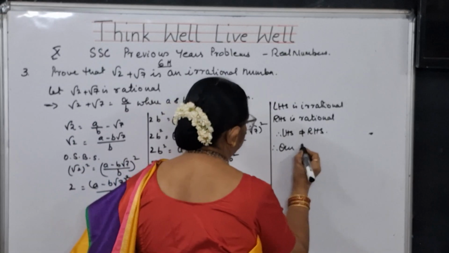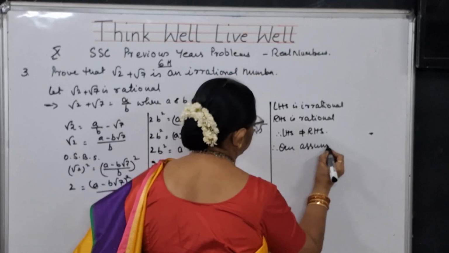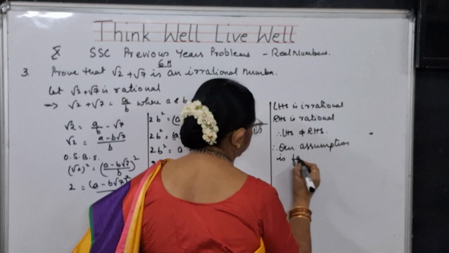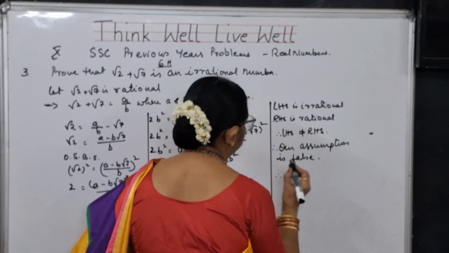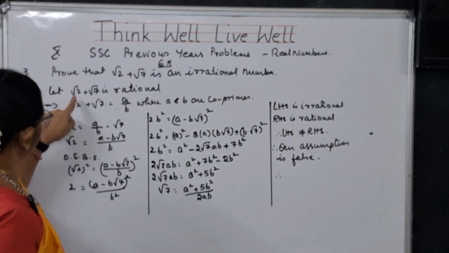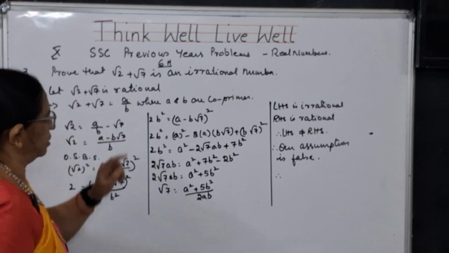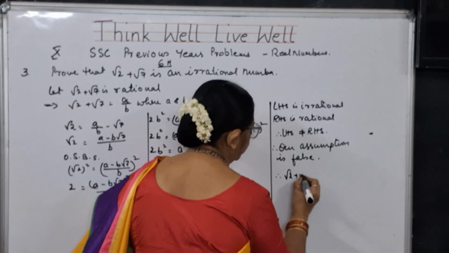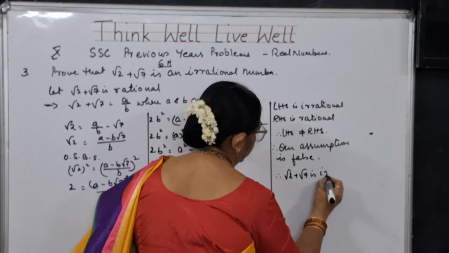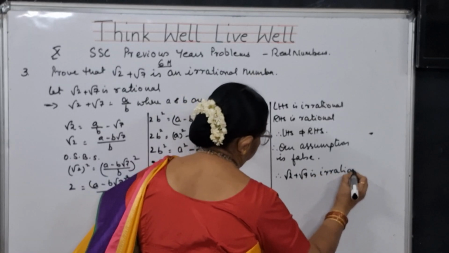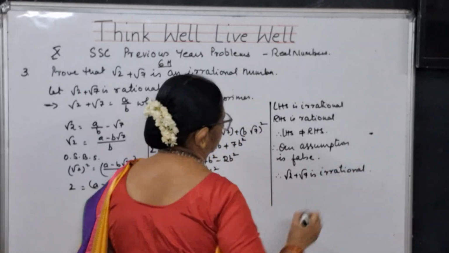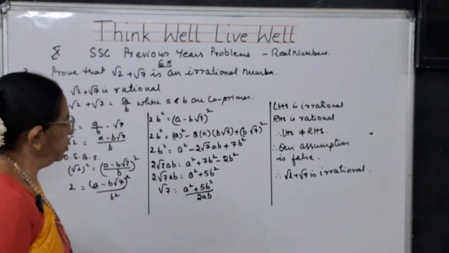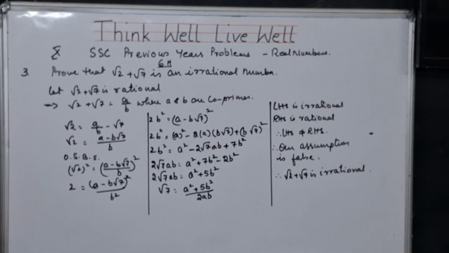Therefore, our assumption is false. What is our assumption? Our assumption is root 2 plus root 7 is rational. So, what we will say? Root 2 plus root 7 is irrational. This is our proof, children. Please copy it.